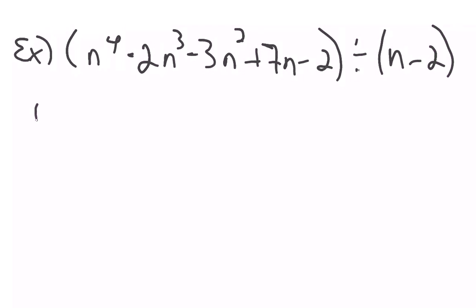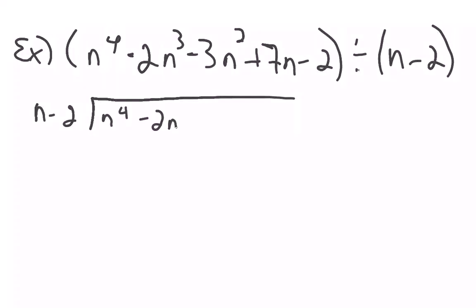Okay, so n minus 2 outside the box, and n to the fourth minus 2n cubed minus 3n squared plus 7n minus 2 inside the box.